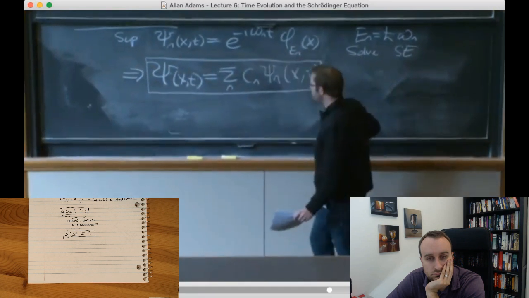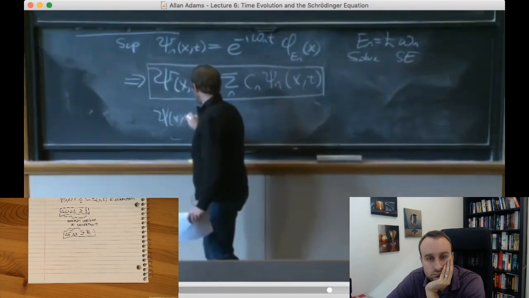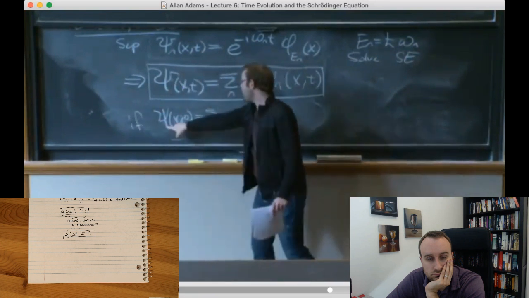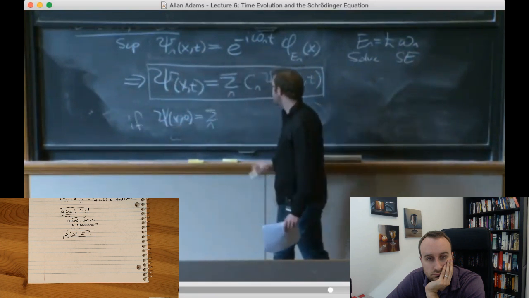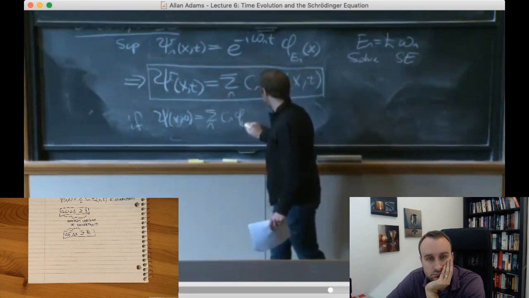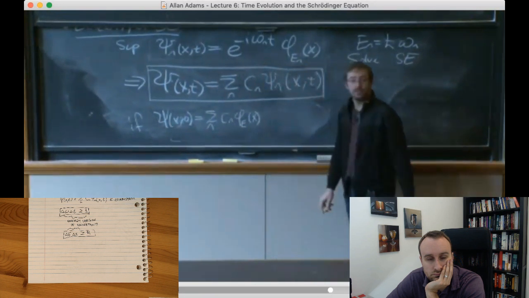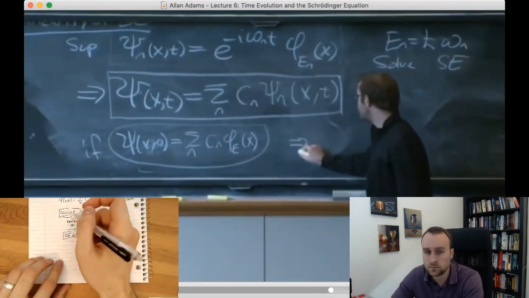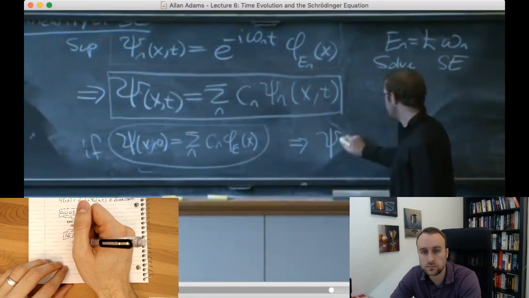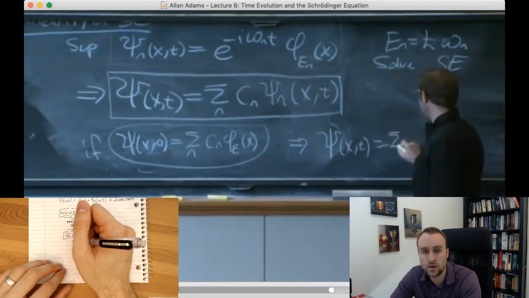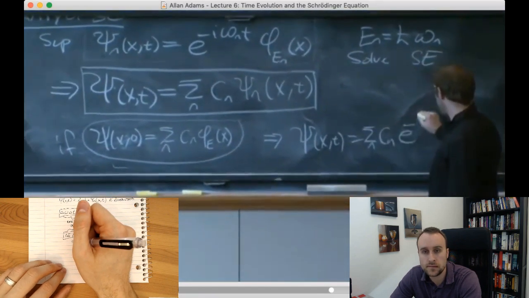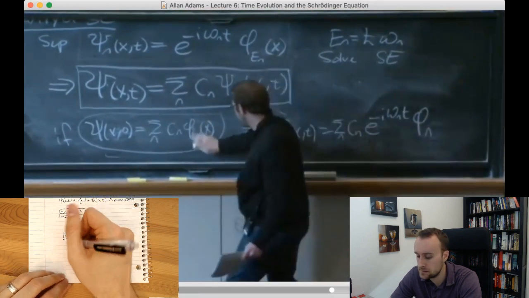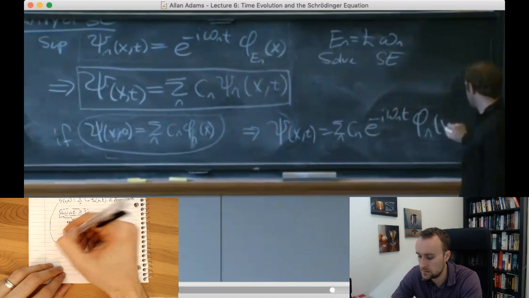If the wave function at some particular moment in time, psi of x at time 0, can be expanded as a sum over n of c_n phi_n of x, if this is my initial condition, some superposition, then by superposition the wave function at a subsequent time, psi of x and t, is equal to the sum over n of c_n e to the minus i omega_n t phi_n of x.